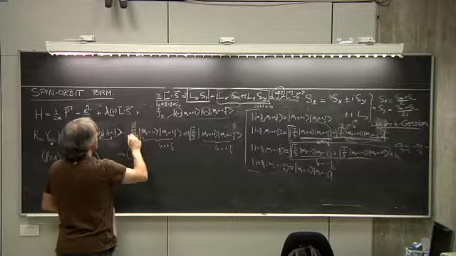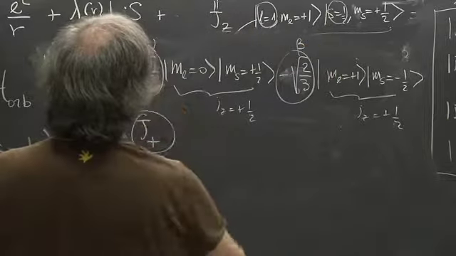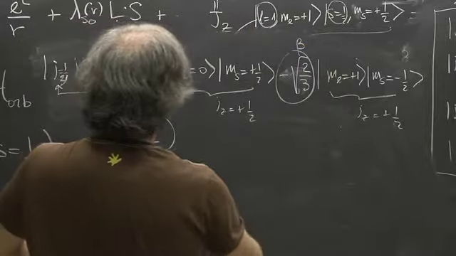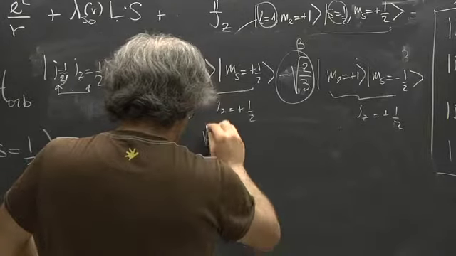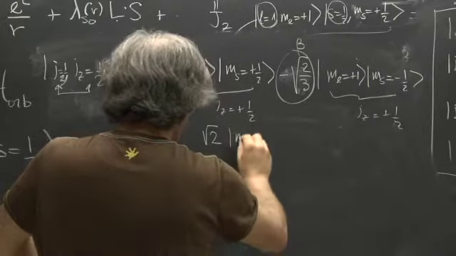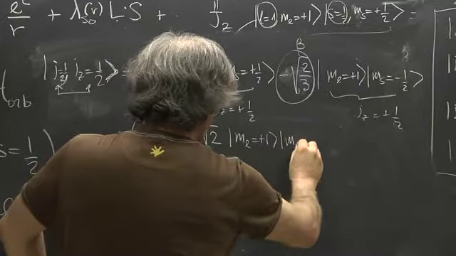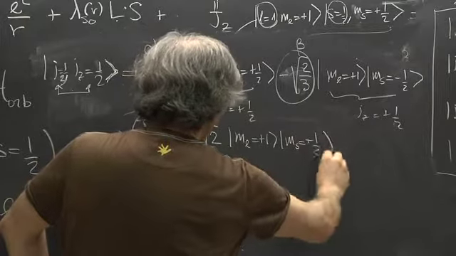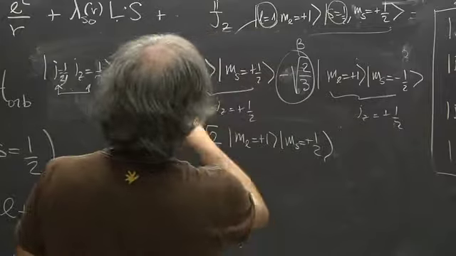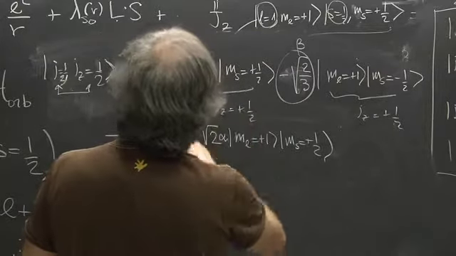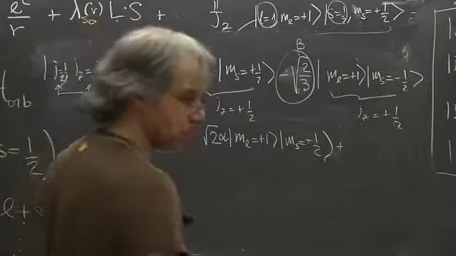So this was, again, alpha, and this was beta. So if I apply J plus to here, what do I get? I get square root of 2, the state M_L equal to plus 1, M_S equal to plus 1/2, from the L plus, times alpha, obviously. Plus, so I'm trying to determine alpha and beta. Suppose that I don't know them.